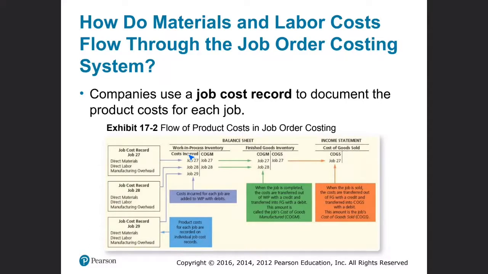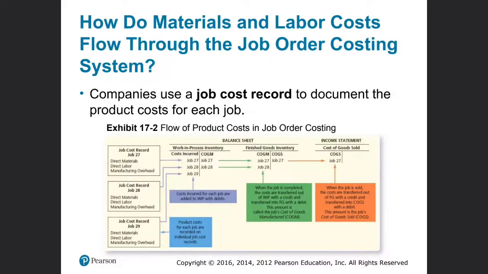Job 27 is going into our work in process inventory, and any costs that we incur are debits, and any cost of goods manufactured are credits. You see that here. Job 27, we have incurred the cost, we have manufactured the goods.